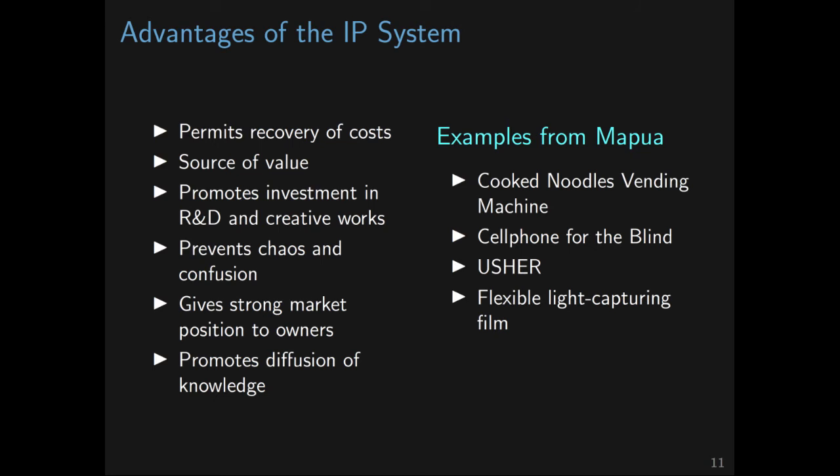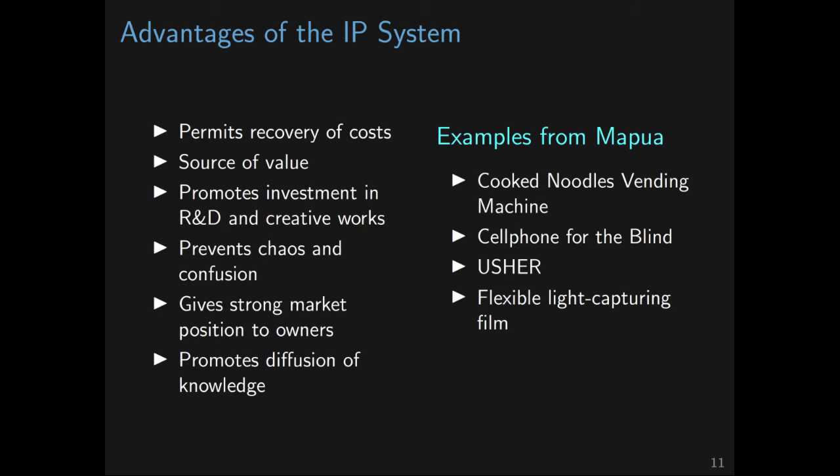There are many advantages to the IP system, and some of these can be discerned by looking at some examples of IP-based businesses created at Mapua University. For example, we had a group of students who built a vending machine that sold cooked noodles, and they built this using their own money.